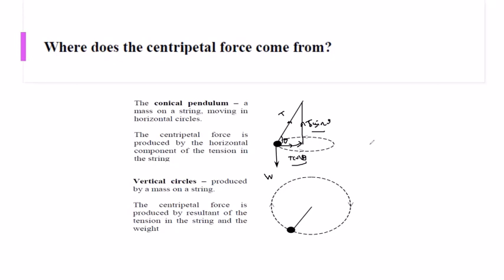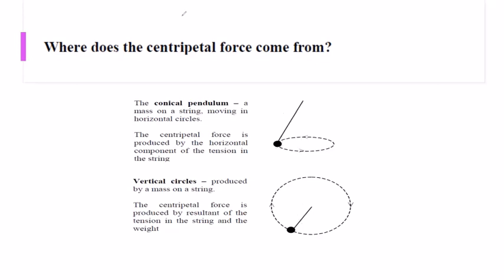T cos theta, because it is acting towards the center. The component acting towards the center is responsible for circular motion. Same thing if you have a vertical circle: if you tie an object with a string, the force of the string is responsible for its circular motion.